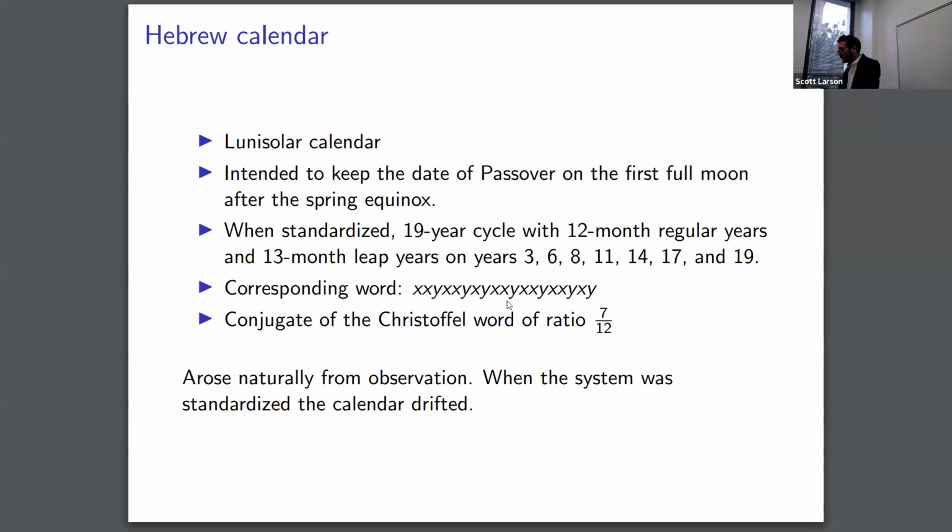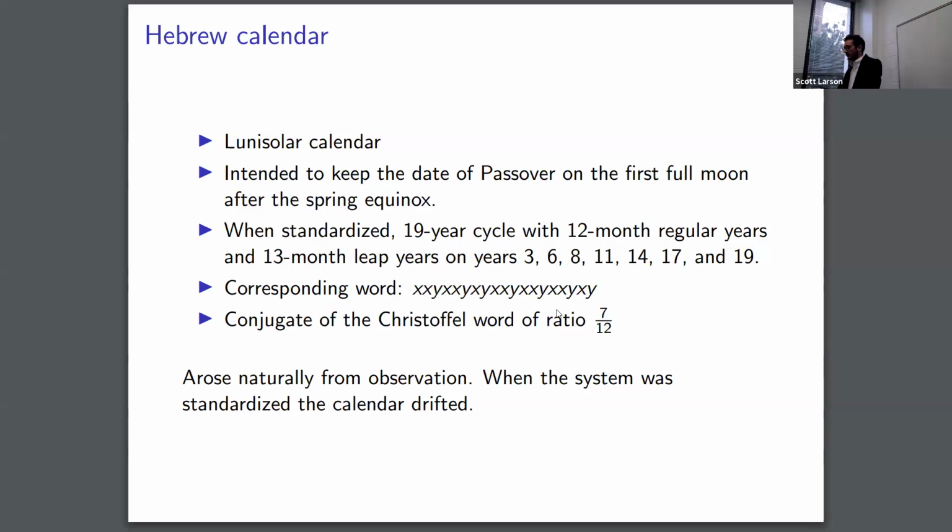But of course, these kind of calendars can't approximate the astronomical cycles of the sun and moon exactly. So before the system was standardized, this pattern may be present sometimes, but there would occasionally be an extra leap year here or there.